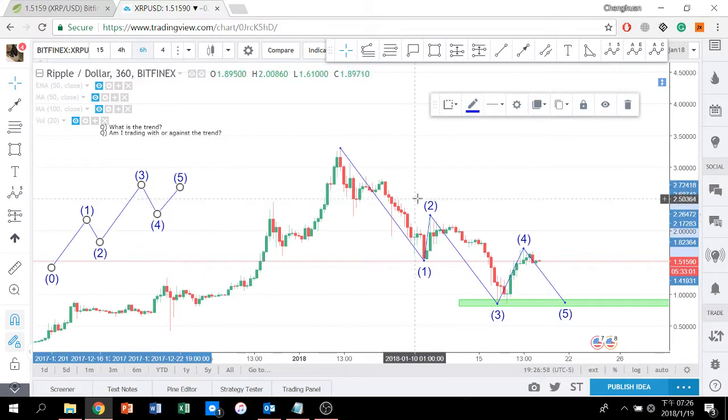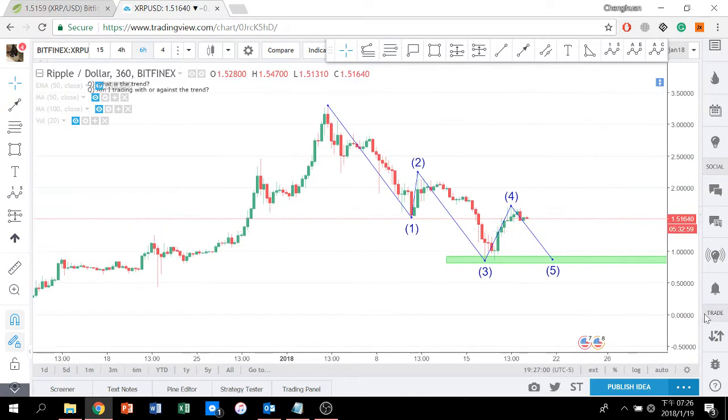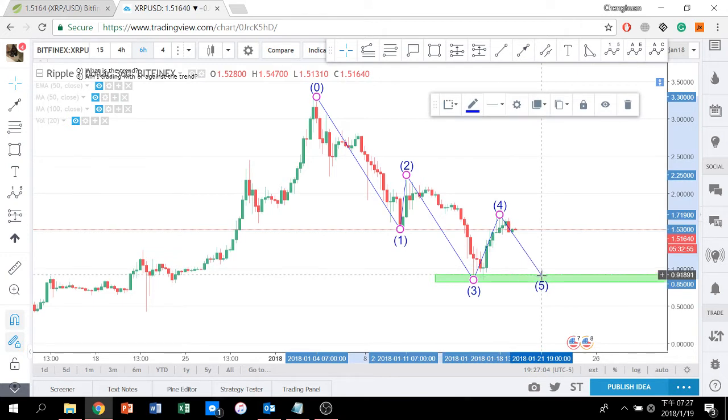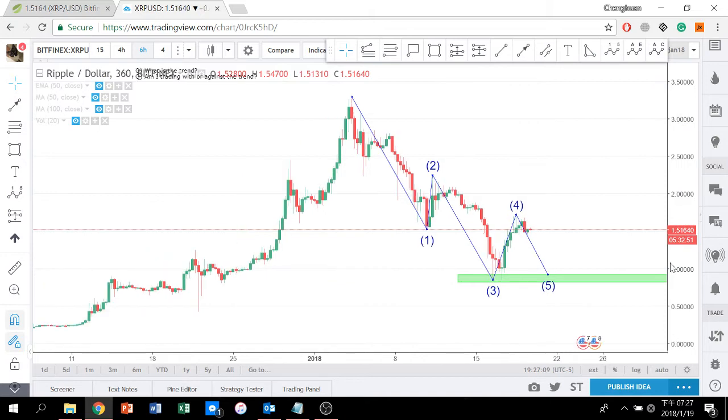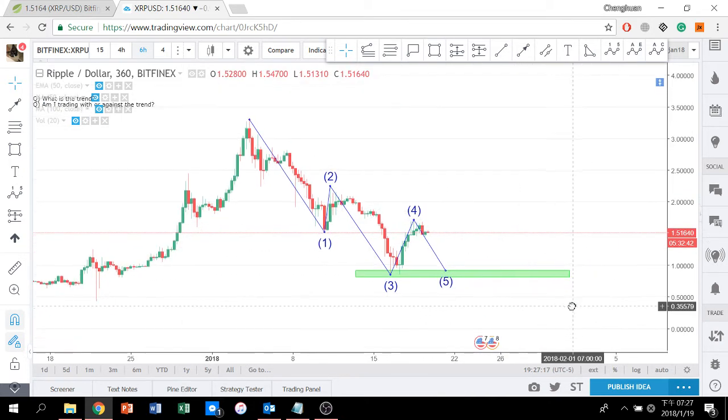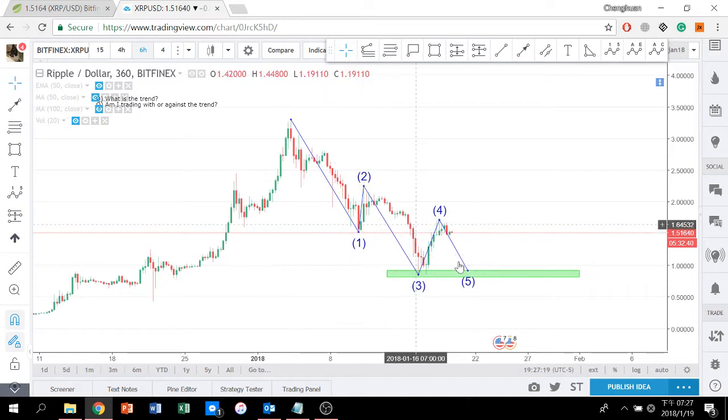So if we were to enter a short position from here, to be conservative, we always want to close our position, right? So we might even close it below wave 3, just to make sure that we get our orders filled. Anyways, the reason why I think we're going to have another leg going down is mainly because I don't see wave 5 yet, right?